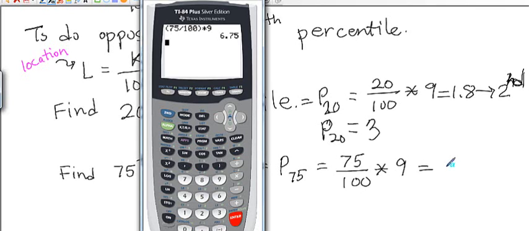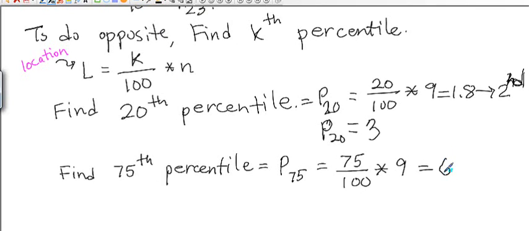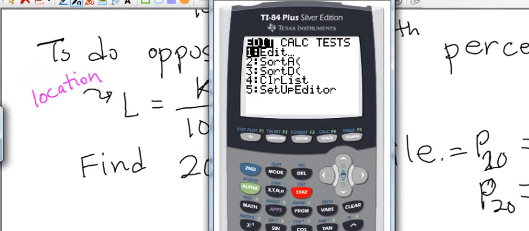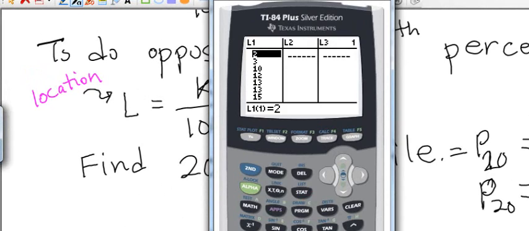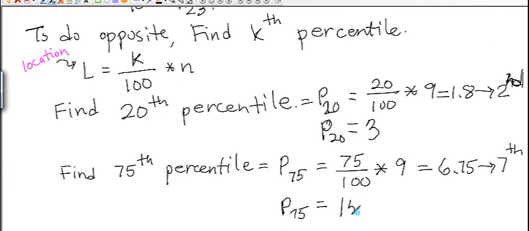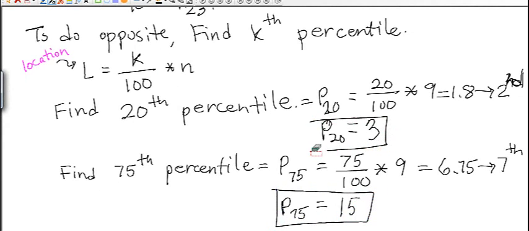And you get 6.75, and that means the 6.75th place, but we want to round that to 7. So the 7th value in the list is going to be the 75th percentile. What is the 7th value in the list? 1, 2, 3, 4, 5, 6, 7. The 7th value in the list is 15. So here the 75th percentile is 15. That means 75% of the data is below this value.